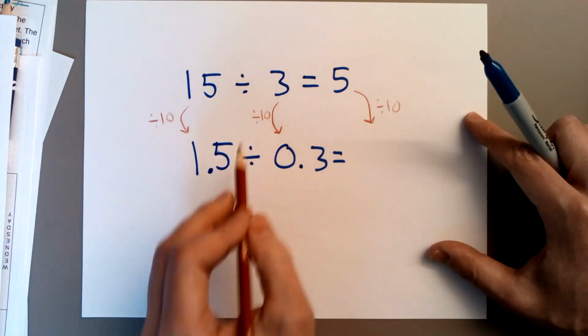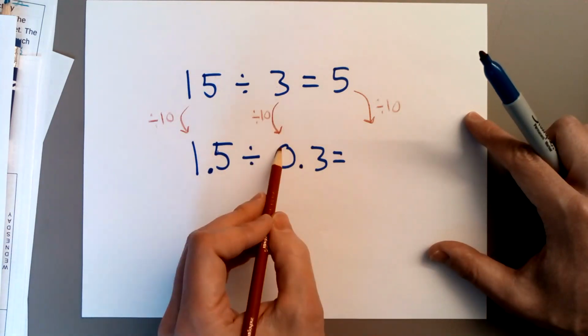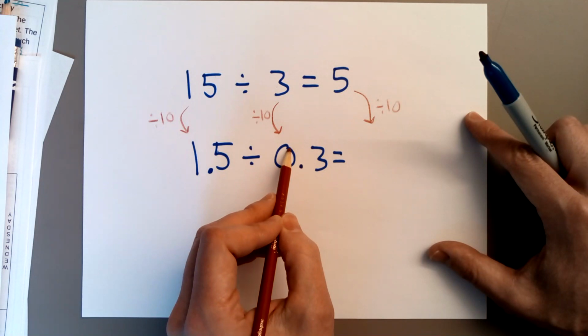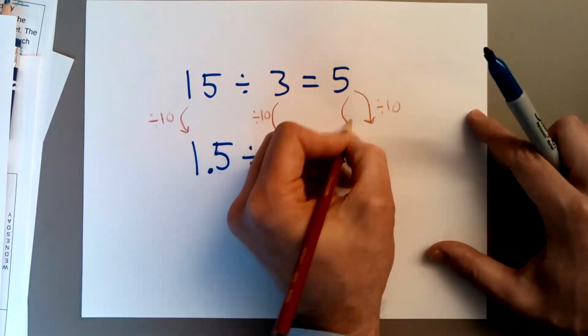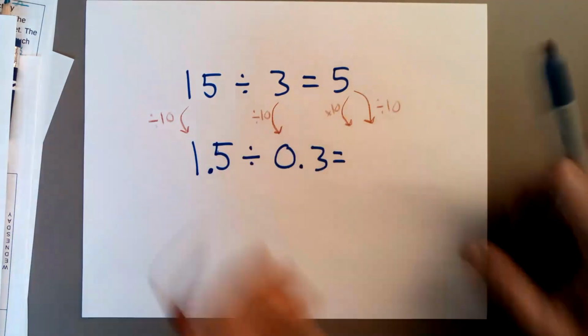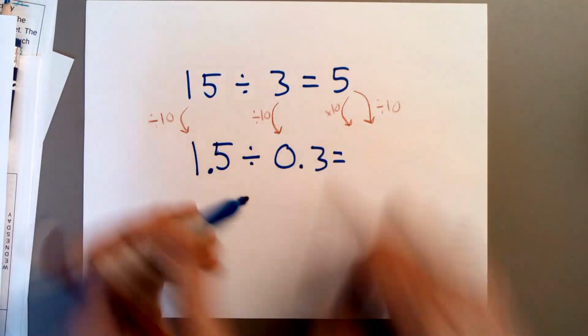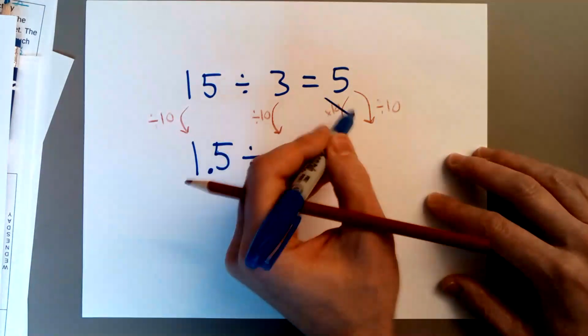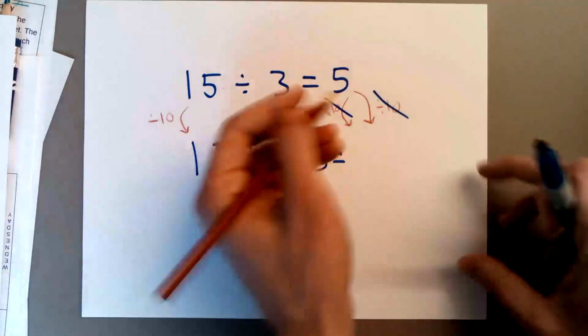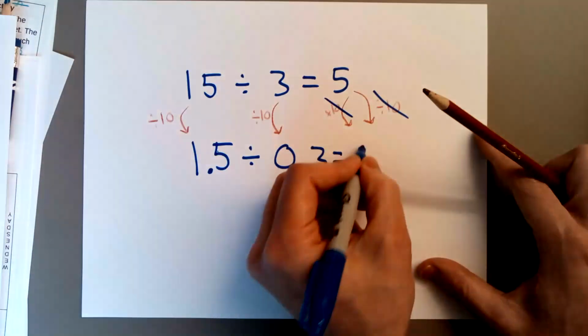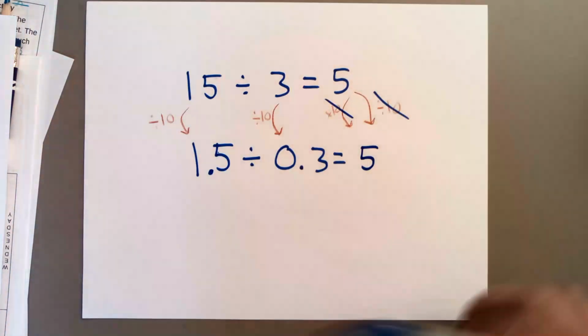But wait a minute. What happens when you change the divisor? It has the opposite effect on the quotient. So look, this divided by 10 and this multiplied by 10 basically cross each other out, and you just have the same quotient. How can that be?